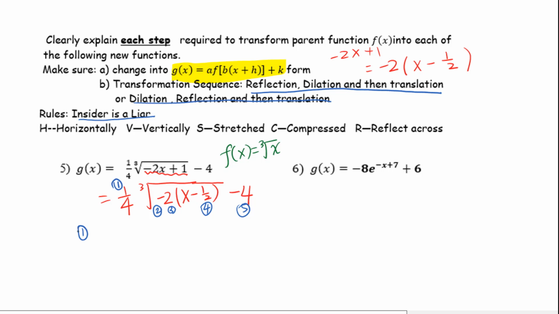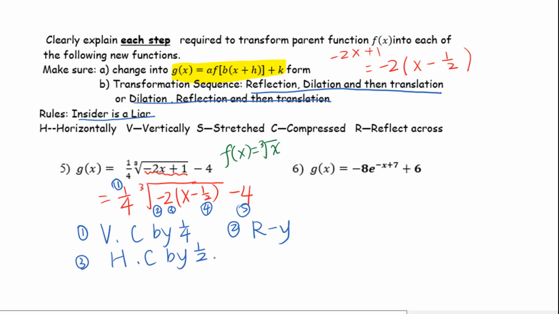The first step will be a vertical compression by a factor of 1 over 4. Second step, the negative sign is related with x. Therefore, reflect across the y-axis. Third step, still related with this x, horizontally compressed by a factor of 1 over 2.